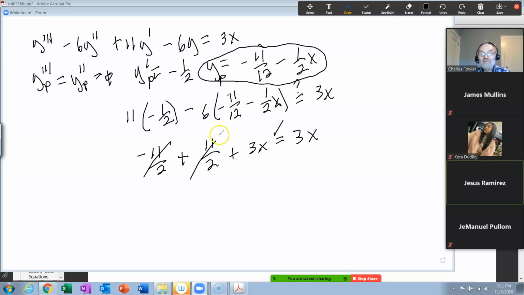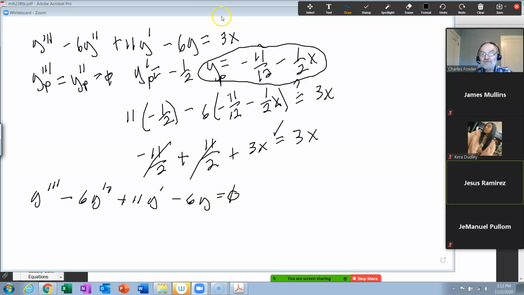that would give you that particular solution. Okay, now we also needed to be able to solve the homogeneous equation, and that was y triple prime minus 6y double prime plus 11y prime minus 6y is equal to 0.